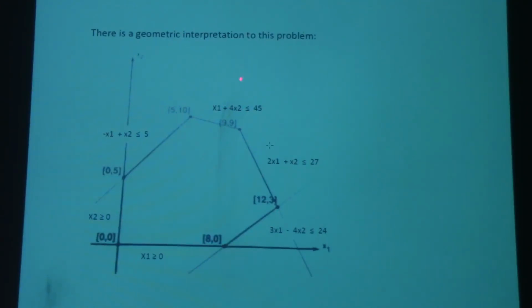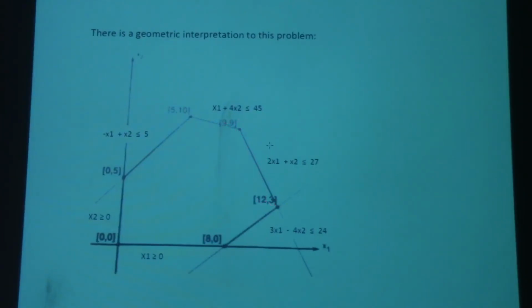Now you understand that if I happen to have a slope, what's the slope between these 2 points here? What's the slope of this line? No answer? -2, right? So if my objective function has a slope of -2, that means all of these values, potentially, but look at this, 12 plus 3.